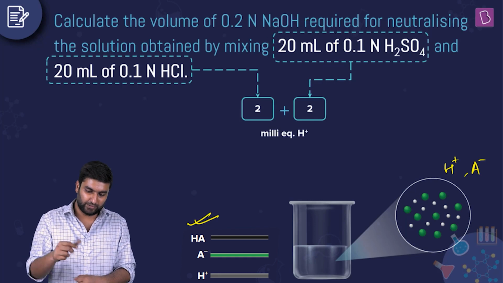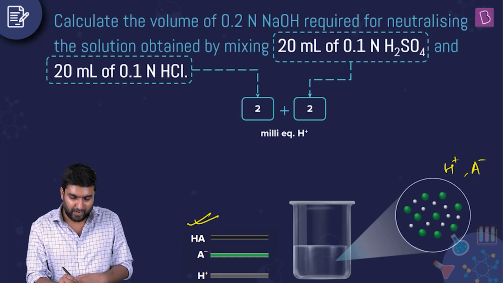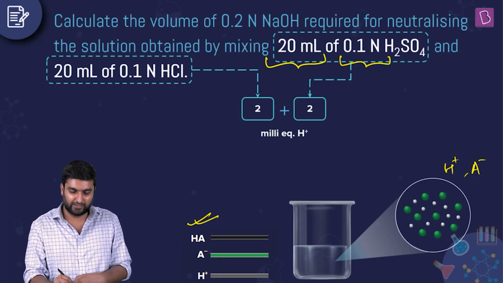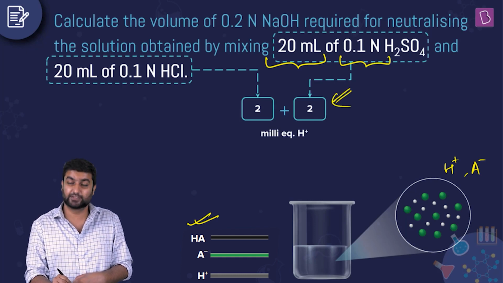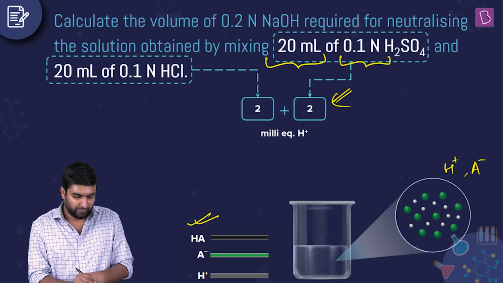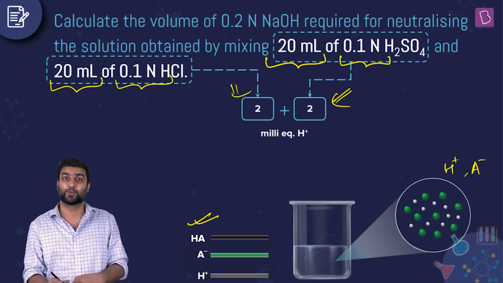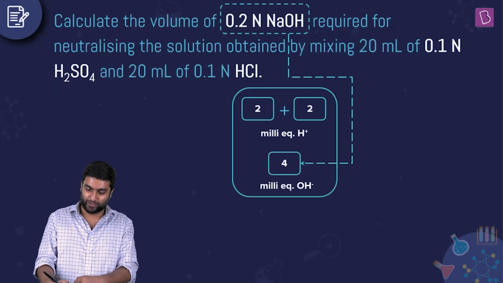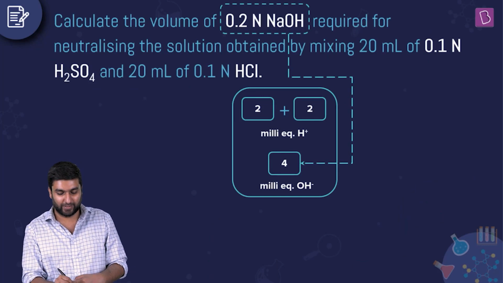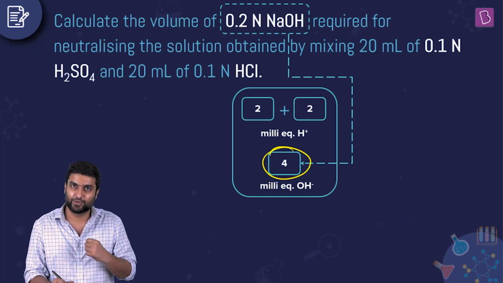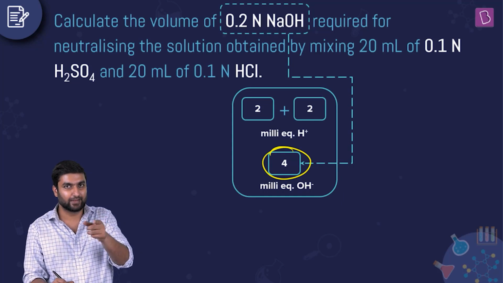So, milliequivalents, how do we get that? Volume in ml multiplied by normality, we get 2 milliequivalents. Voila. So it's going to require 4 milliequivalents of NaOH or OH minus, correct?